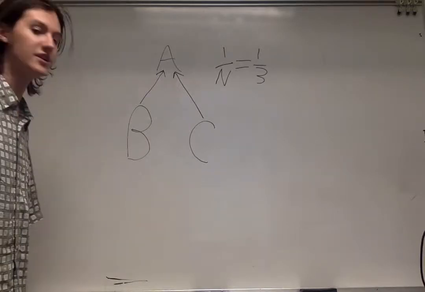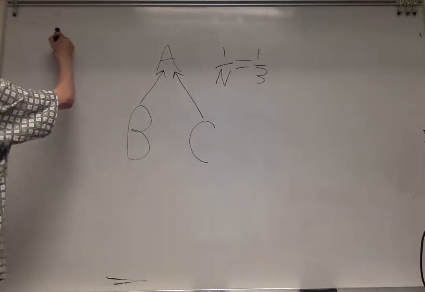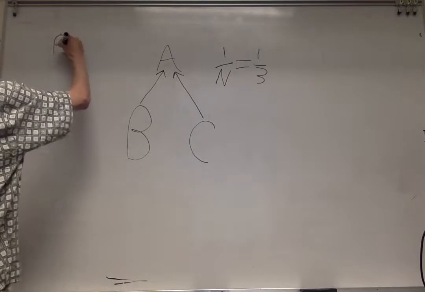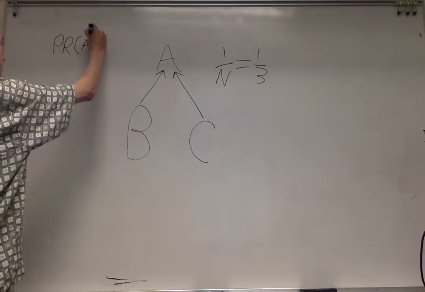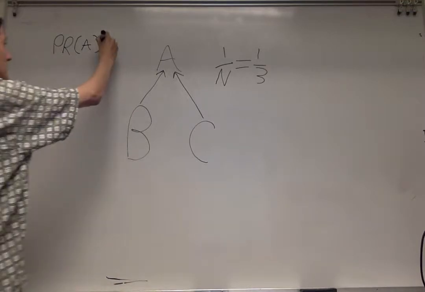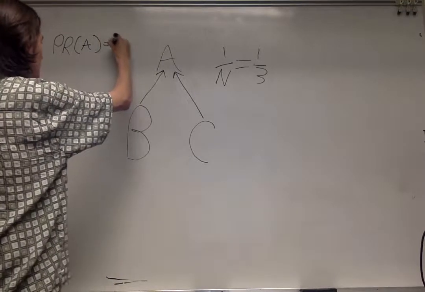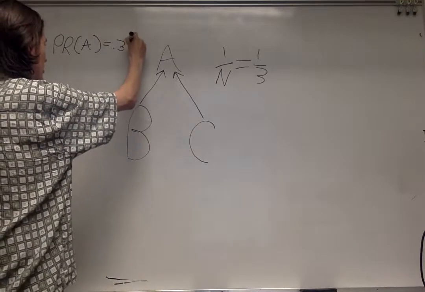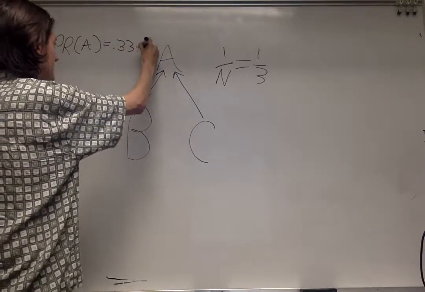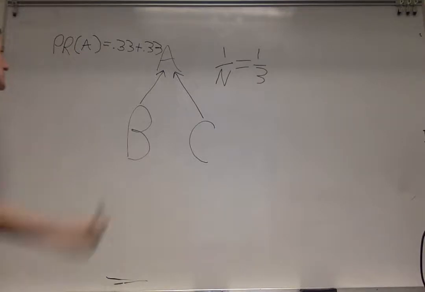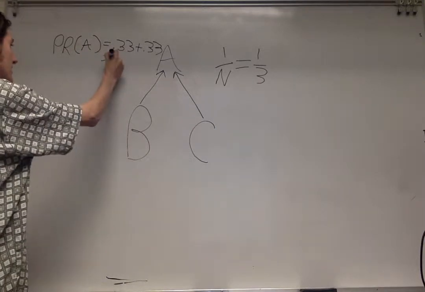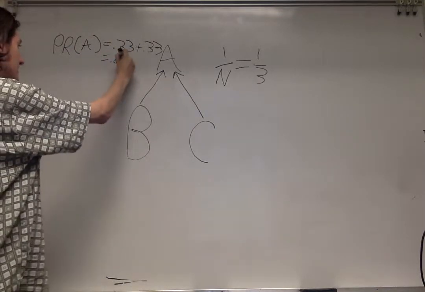Well, we can start off by just adding the weights of B and C together. So the PageRank of A is going to equal 0.33 plus 0.33. So it will equal 0.66.